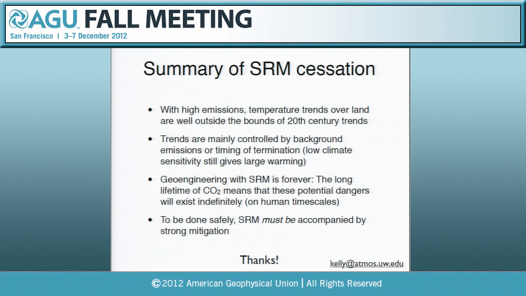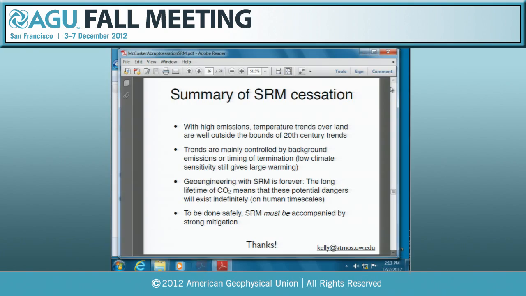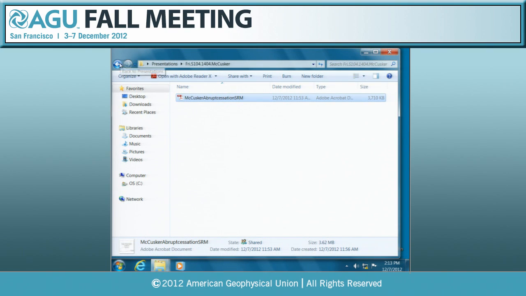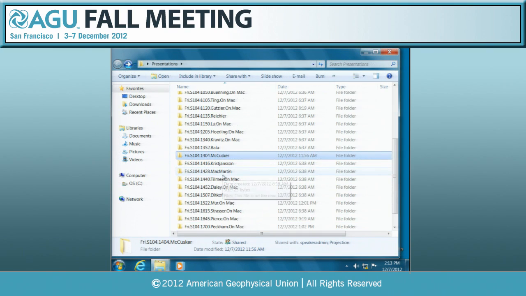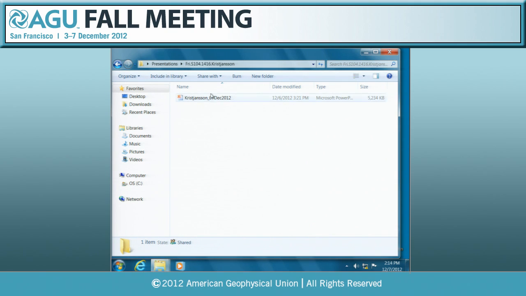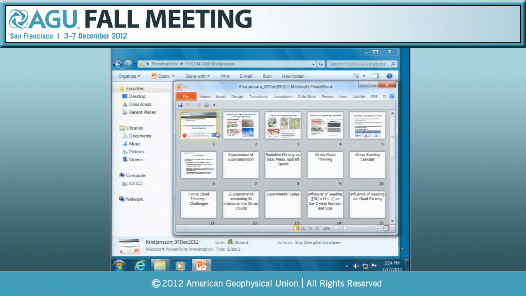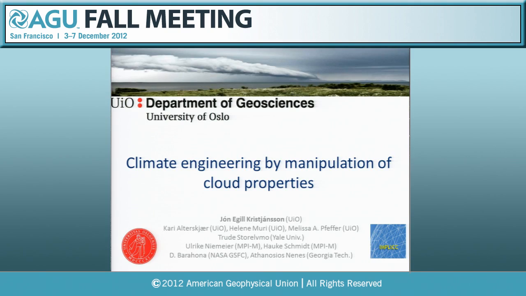The question was, does the temperature always go back to business as usual, or does it ever actually overshoot and get worse? I think in the global mean it wouldn't ever overshoot. I think regionally, probably not, but I don't know that, yeah.